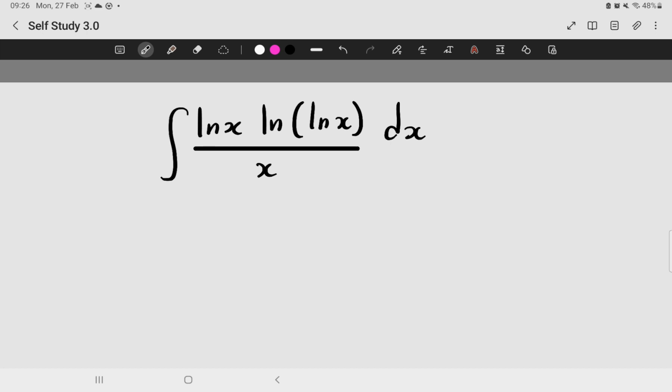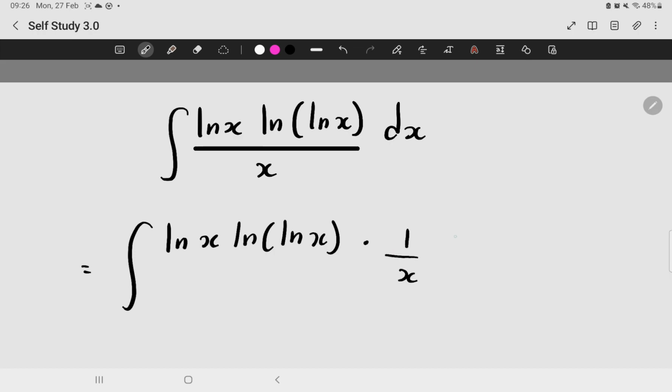When I rearrange the terms, it will be we integrate ln x times ln ln x with 1 over x dx. So you could see that we could substitute with this term to obtain our du.